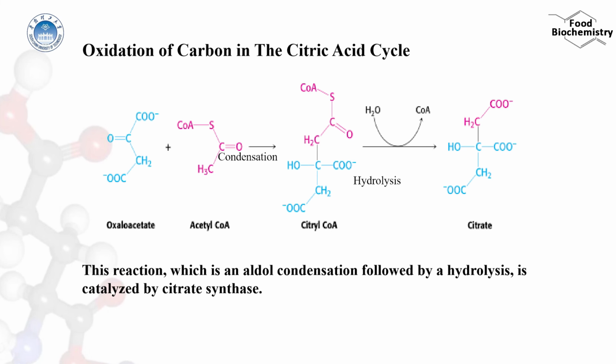This reaction, which is an aldol condensation followed by a hydrolysis, is catalyzed by citrate synthase. The hydrolysis of the thioester in citryl-CoA powers the synthesis of a new molecule from two precursors.